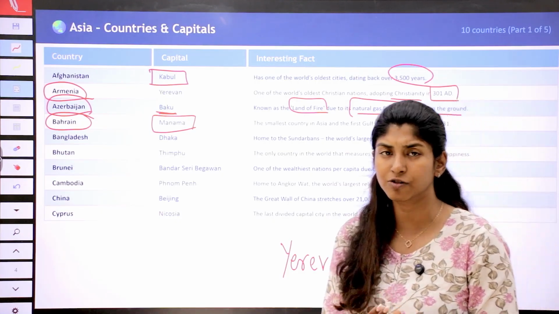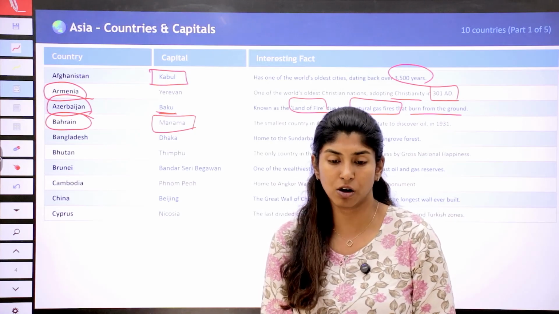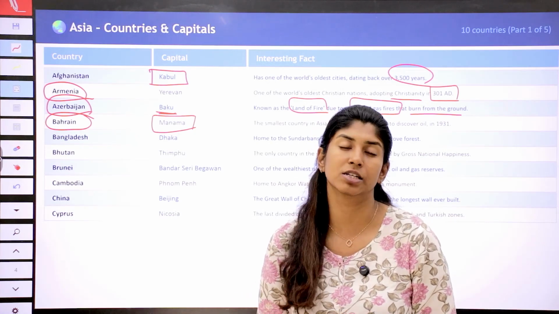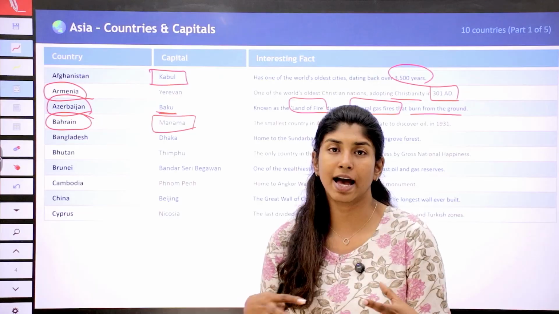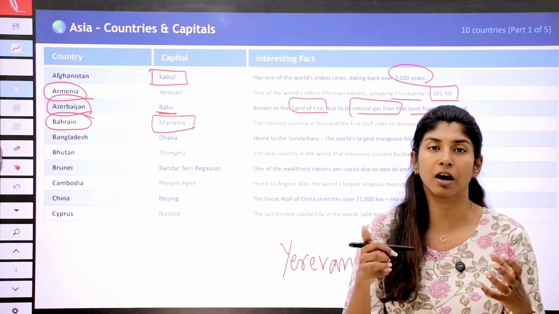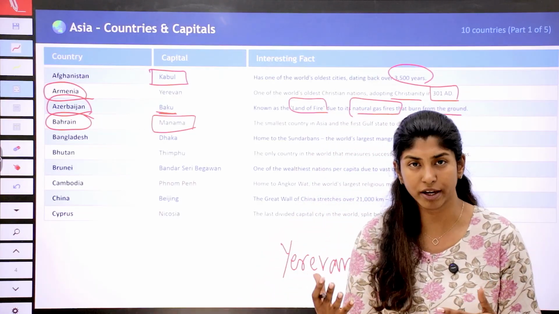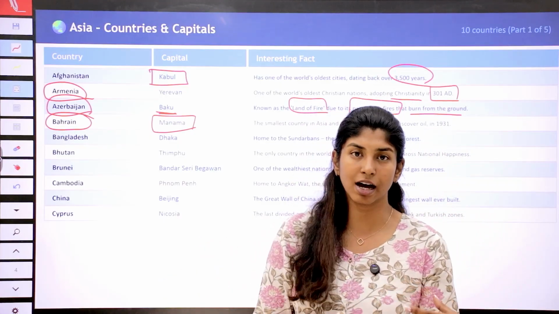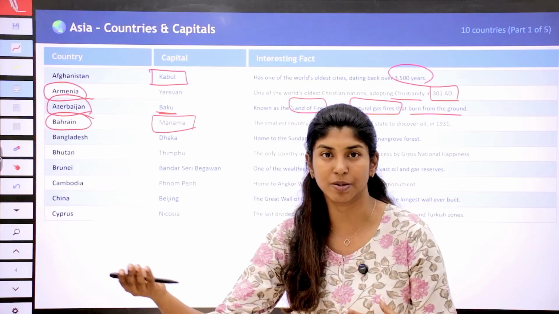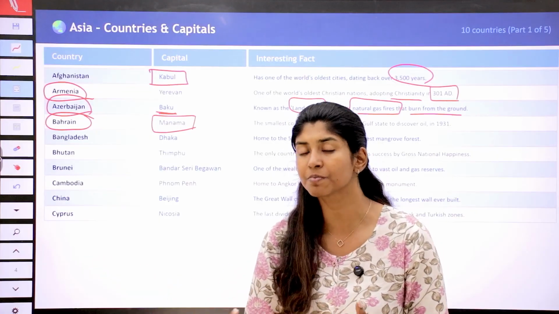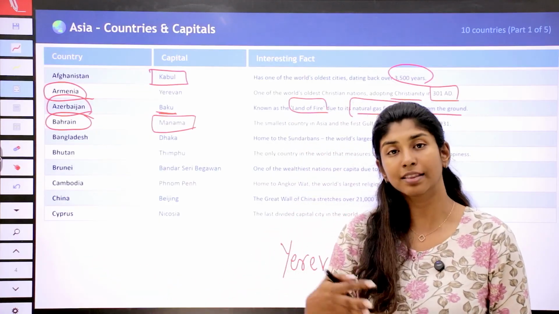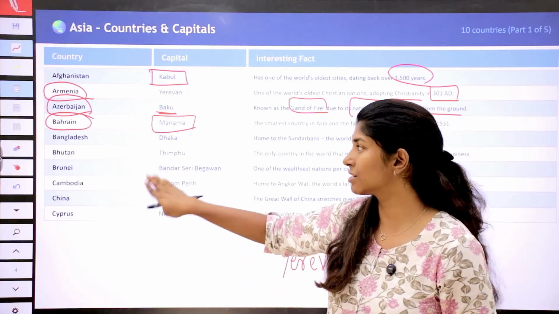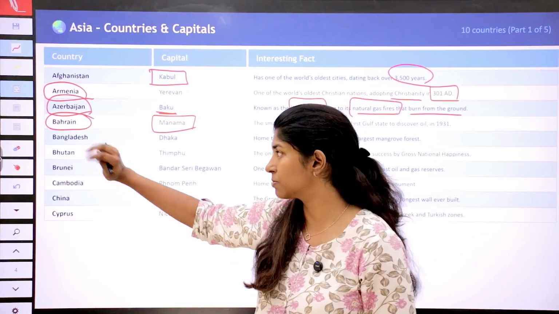We know that Gulf countries, for example, have something called the Gulf Cooperation Council, GCC. They have all the nations together where they export oil. They decide the price for exporting oil. In India also it will affect us if they change the price, because we have to get oil from other countries as well, like the Gulf countries. So one of the first Gulf countries to discover oil was Bahrain.